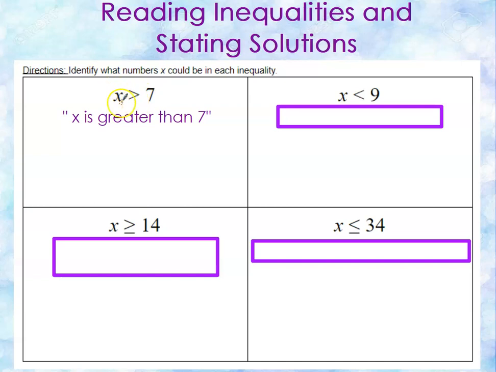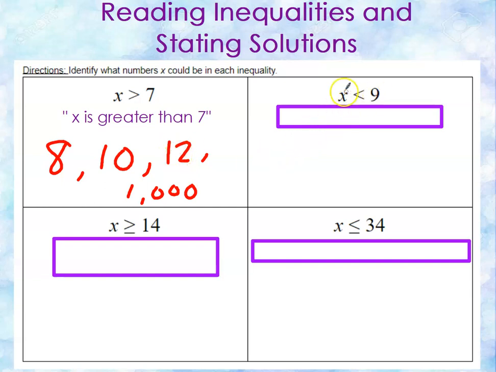So x is greater than 7. If x is greater than 7, what numbers could x be? X could be 8. X could be 10. X could be 12. X could even be 1,000, right? Any number greater than 7.